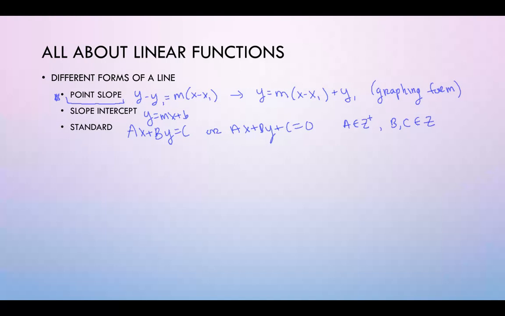The other thing that was really nice about standard form was that it helped us to find the intercepts. Not to say you can't with the others, but it helps us nicely. The value of it is that I don't need to switch to a different form, right? You can just say it's where x equals 0. So your intercept is going to come from the y, x is 0, and then your y value would be c over b.